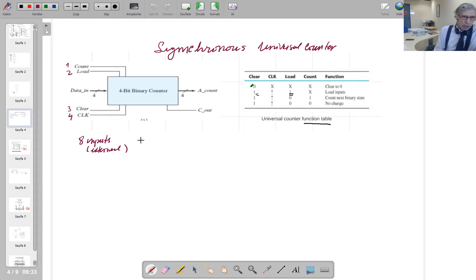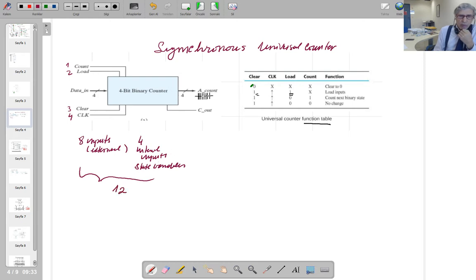So another 4 internal inputs, which are state variables. So the total number of inputs is going to be 12.